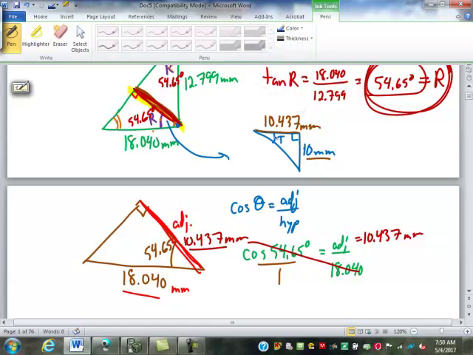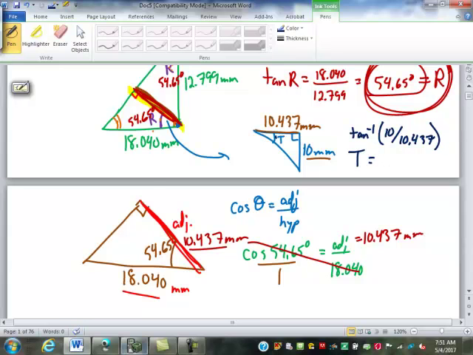I need this angle. Well, it's going to be a tangent. It's inverse tangent of, which side's the opposite side? 10 over the adjacent, 10.437.